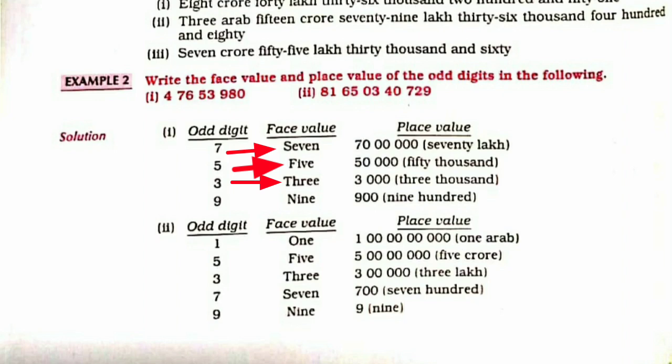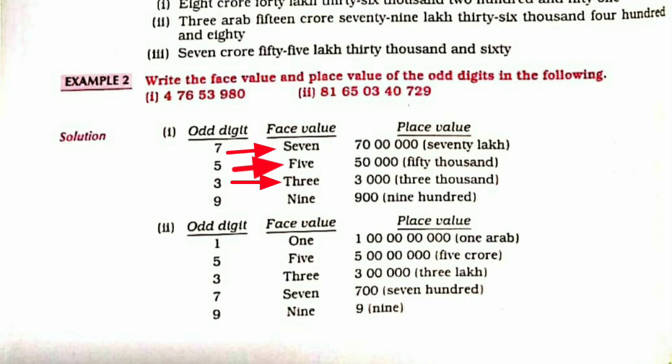And place value, the place in which the digit is written, is known as place value, and after the digit, as many digits as are given, that many 0s will come. Here you can see 7 is written, and after that 6 digits are there, so 6 zeros will come here. So the answer will be 70 lakh. Like this we will mention all the place values.